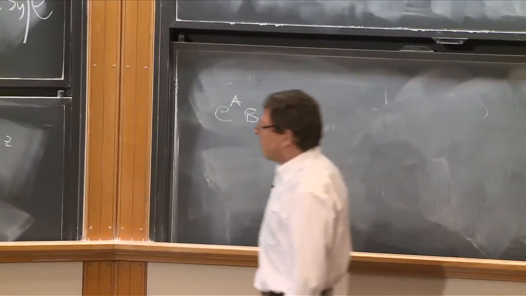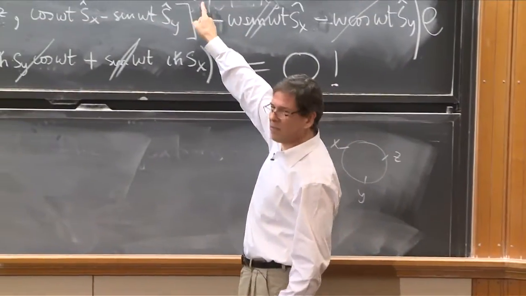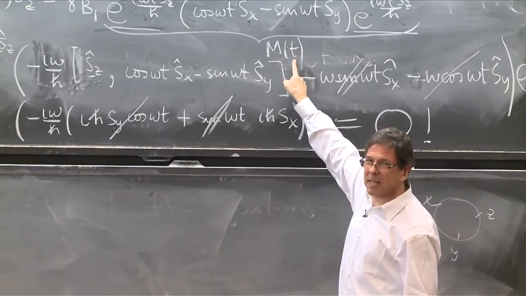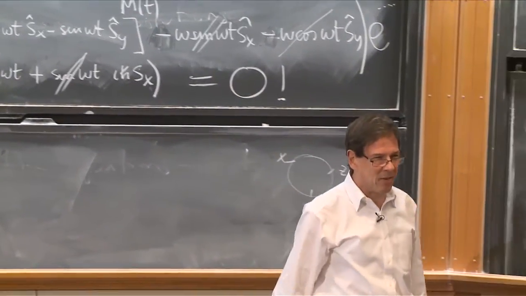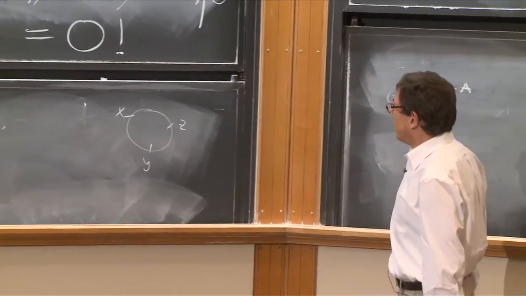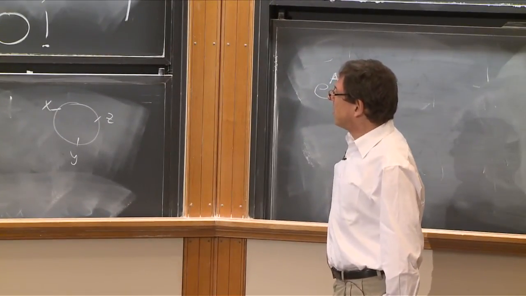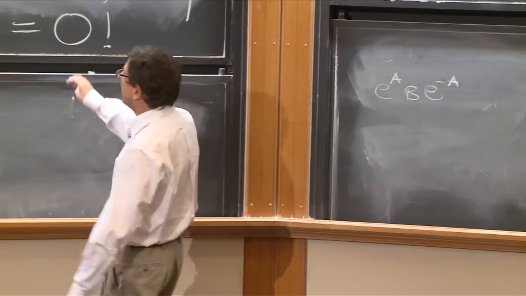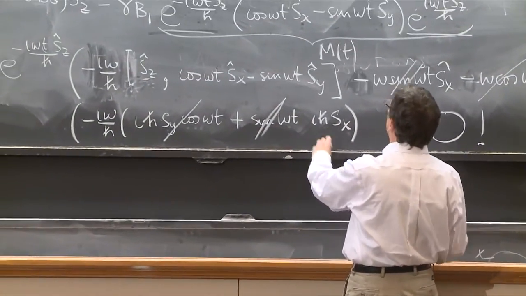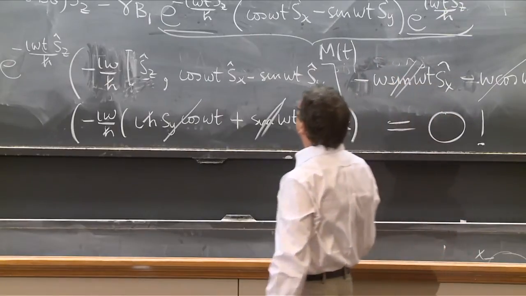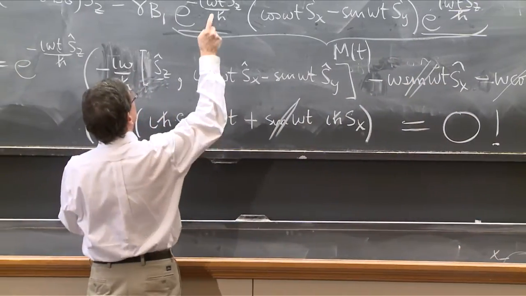Why? Because m of t looks like it has lots of time dependence, but in fact it has none. Its derivative is 0. So if its derivative is 0, you can evaluate it at any time you want. Well, the best time to evaluate it is time equals 0.